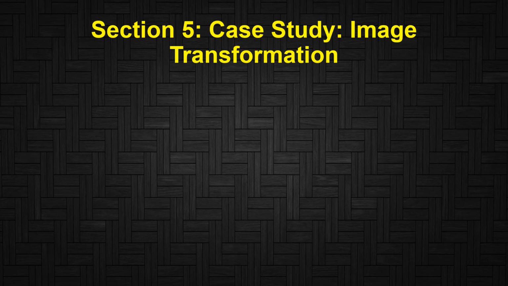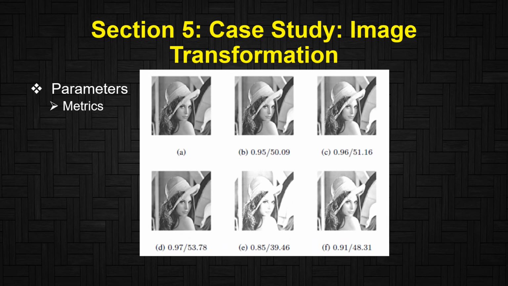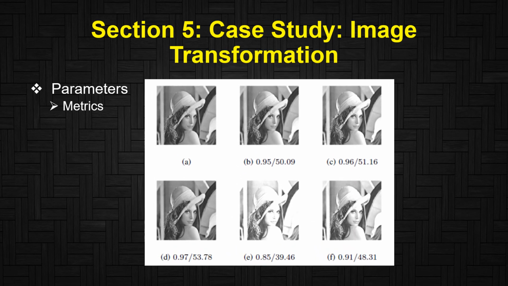Now the case study of image transformation. A 16-bit image was considered for the case study. In the paper, the pixel values are uniformly shifted from 0 to 65535. A predefined constant is multiplied by an input image to get a transformed image. Basically, by transformed image, we mean a brightened image here. So the peak signal-to-noise ratio and structural similarity index metrics have been used to assess the output image quality.